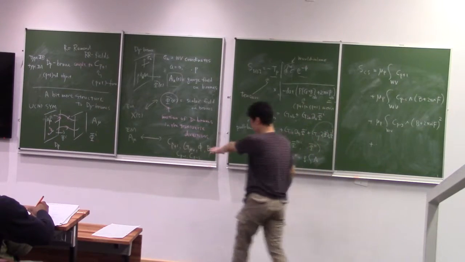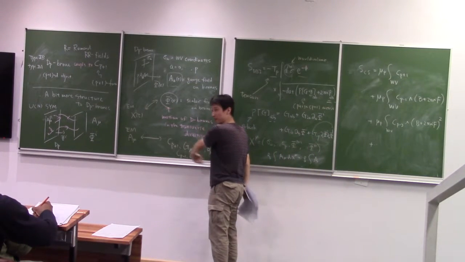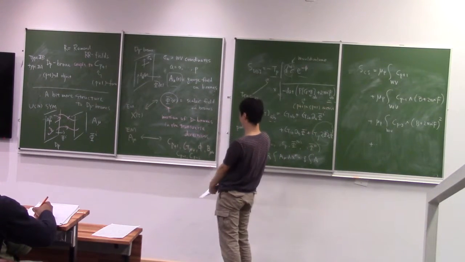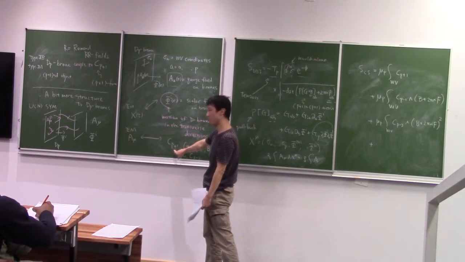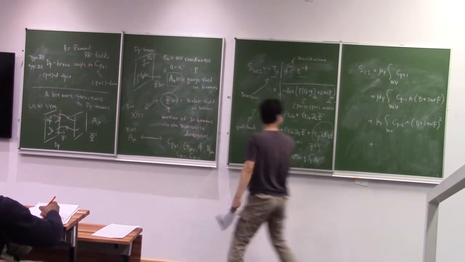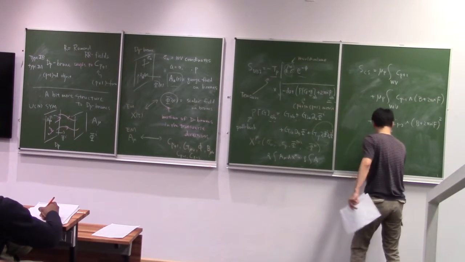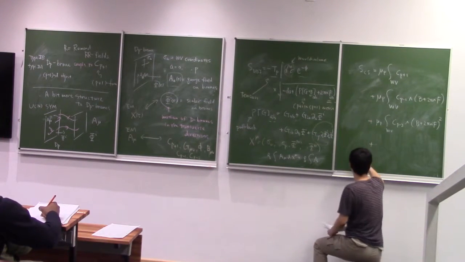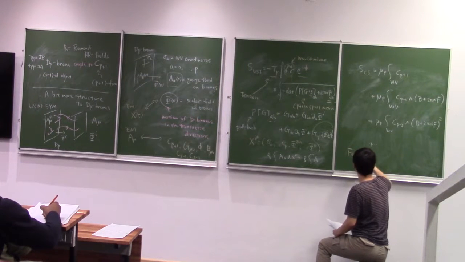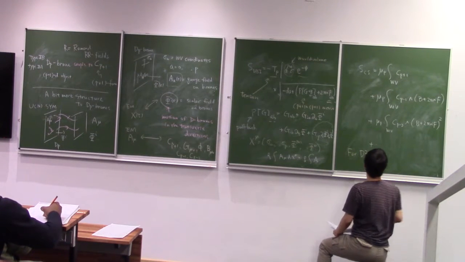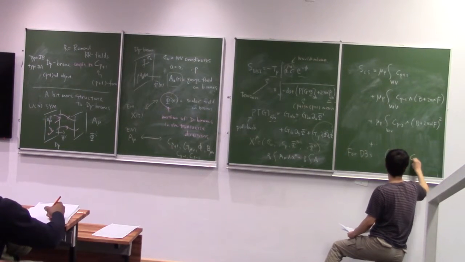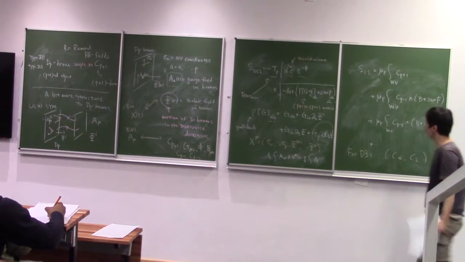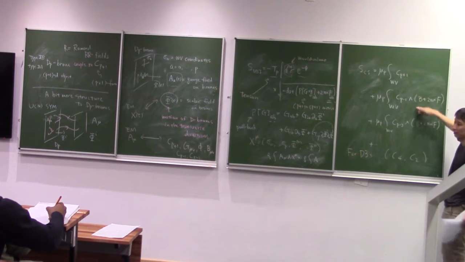In reality, you don't have this many. In the three-brane case, you have a 4-form and a 2-form. So for these three-branes, you have C4 and C2. That's all. So you stop there.